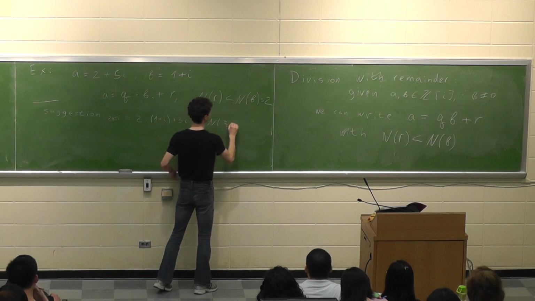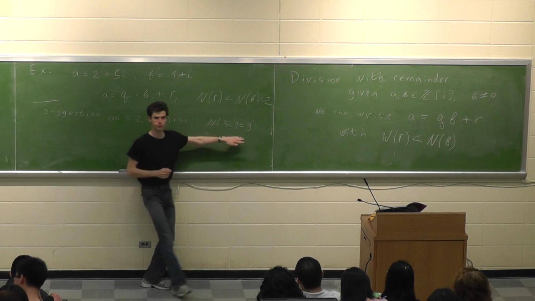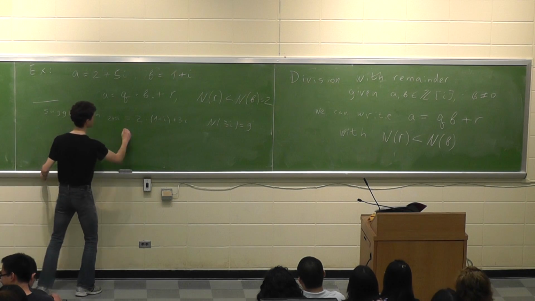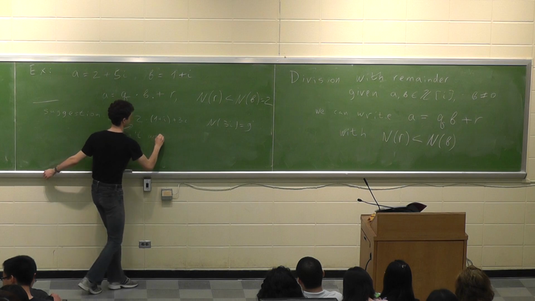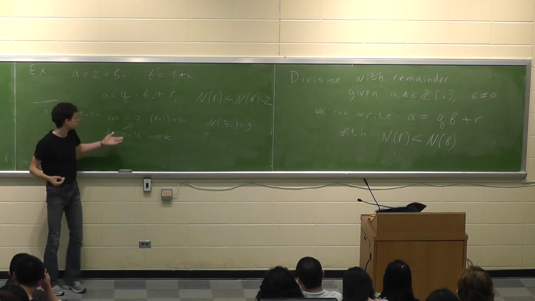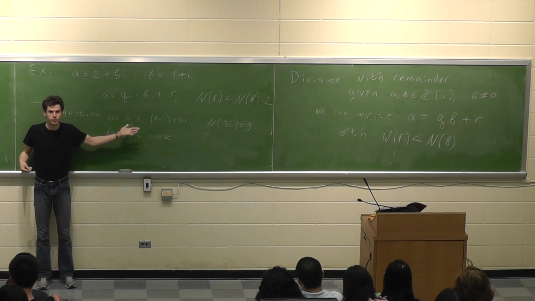The norm of 3i is 9, it's not good, so it doesn't work. Well, the problem was, of course, we tried a wrong quotient.